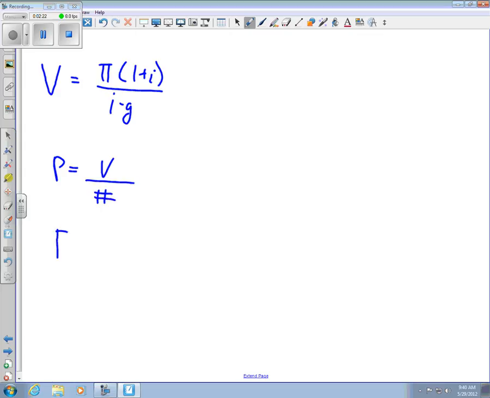The earnings per share is equal to the profits divided by the number of shares.